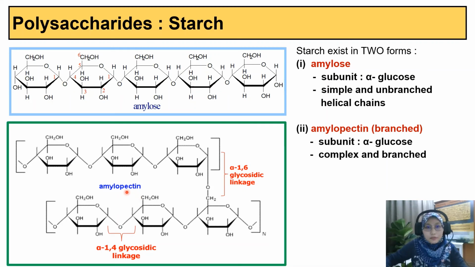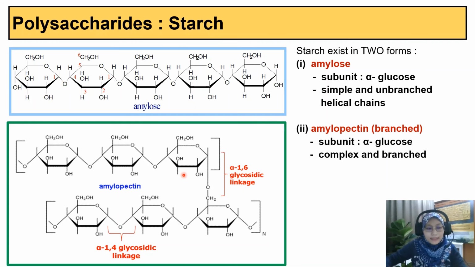Polysaccharides consist of many monosaccharides linked by glycosidic linkage through the condensation process. All polysaccharides are large molecules and all are insoluble in water, which means they do not affect the water potential, except for glycogen.